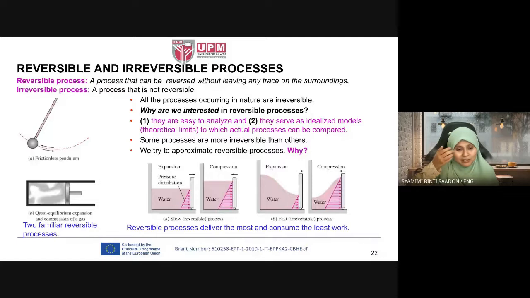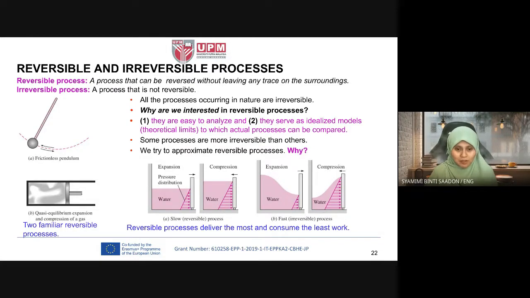Without any external factors, how much is the maximum limit that the process can produce in work, in power? Some processes are more irreversible than others. Some have very high irreversibility, some have lower irreversibility.